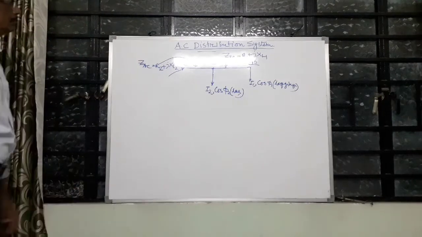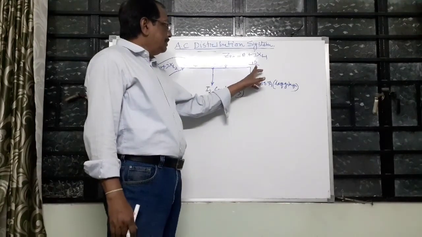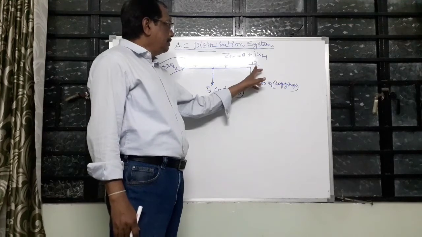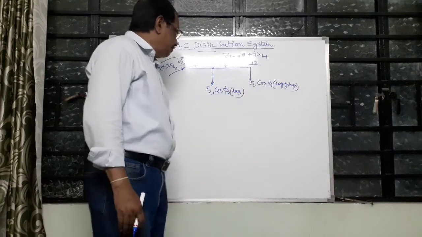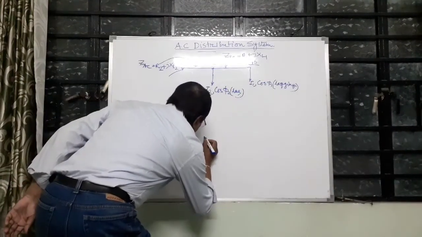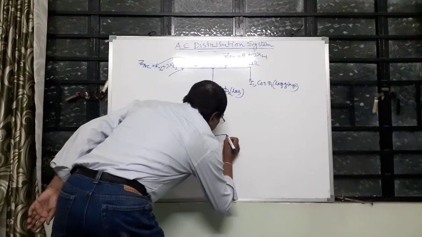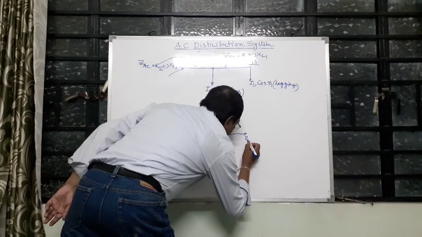Taking the voltage at the far end as the reference, this is the voltage VB.